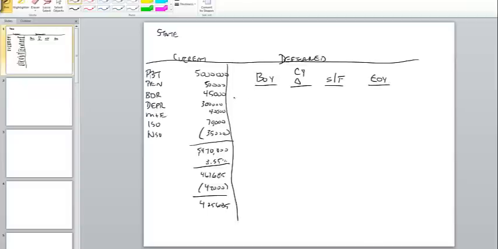Of my deferreds, I have a bad debt, depreciation, and an NSO. At the beginning of the year, I had neither bad debt nor depreciation, at least not according to the assumptions in the problem. But I did have an NSO temp item of $60,000.